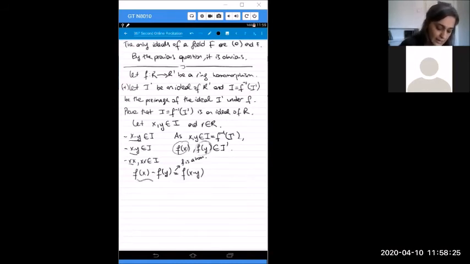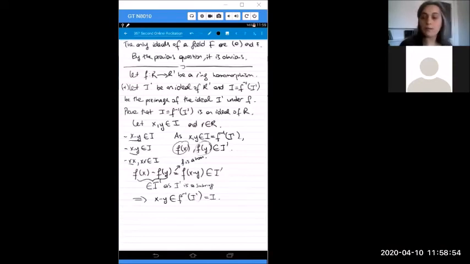So this means that this part lies in I prime. Why? Because I prime is a subring. So this means that f of x minus y lies in I prime, giving us that x minus y lies in the preimage of I prime, which is I. Okay, so I is closed under addition and additive inverses.